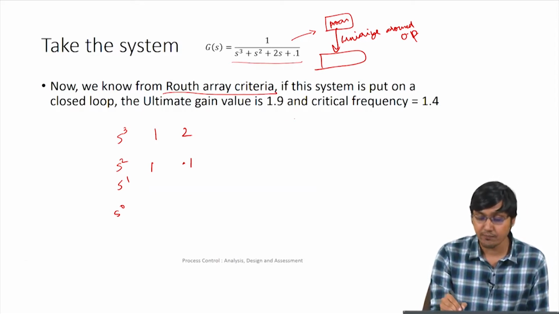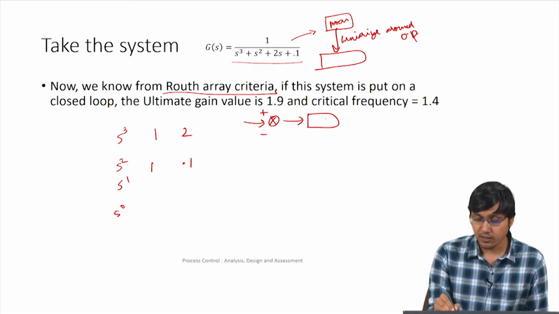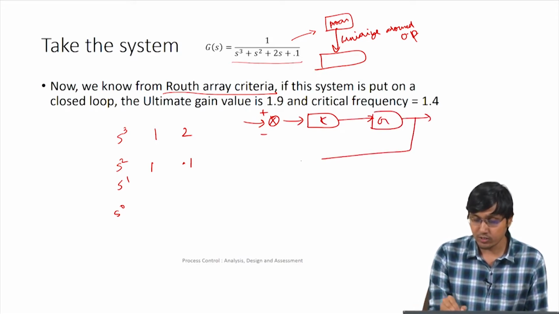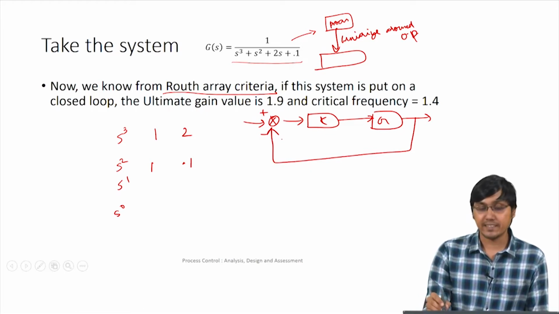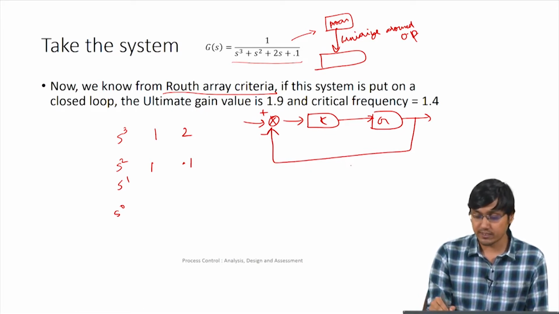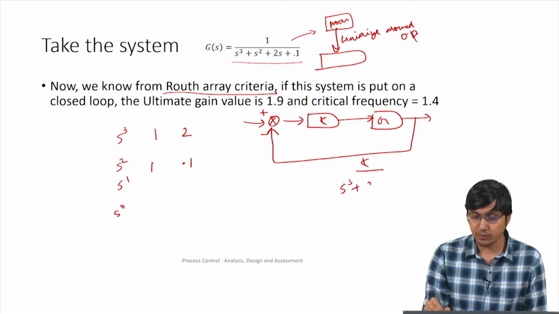So when we have a set point, and this is the summer block, and this is the gain and transfer function, and then you feed it back, the closed loop transfer function is k by the characteristic polynomial, s cube plus s square plus 2s plus 0.1 plus k.